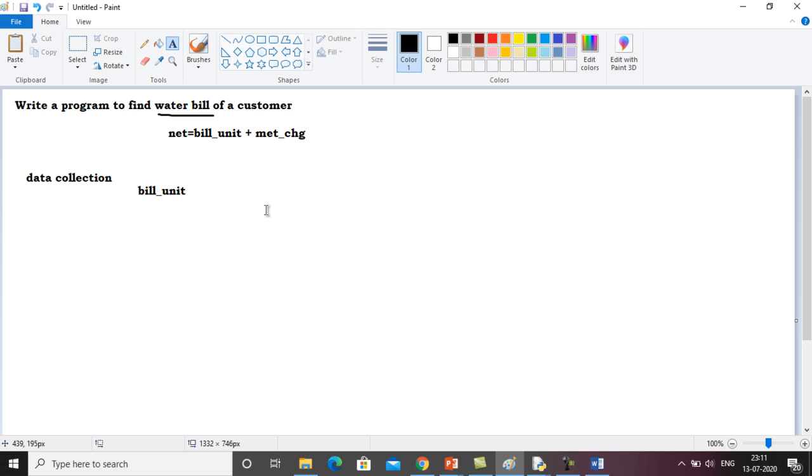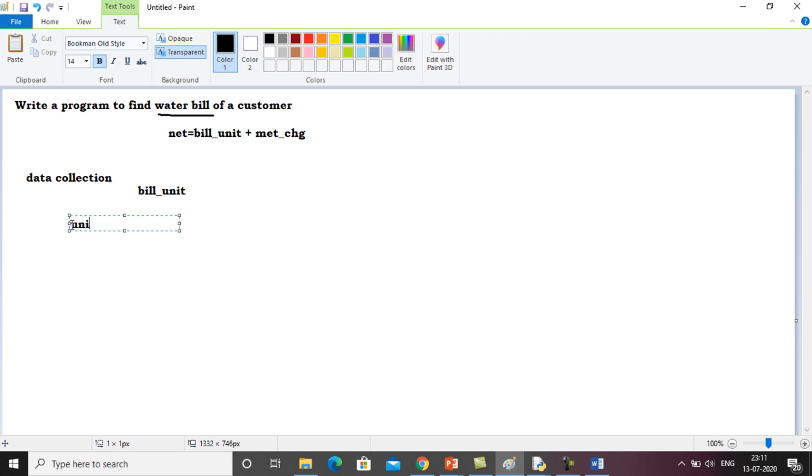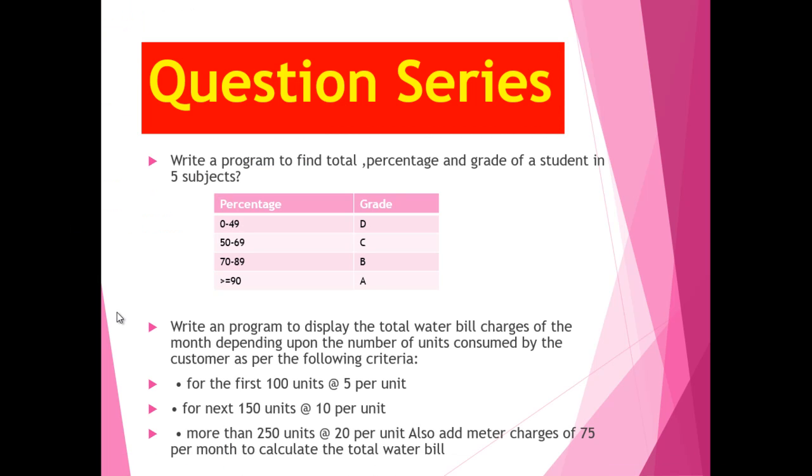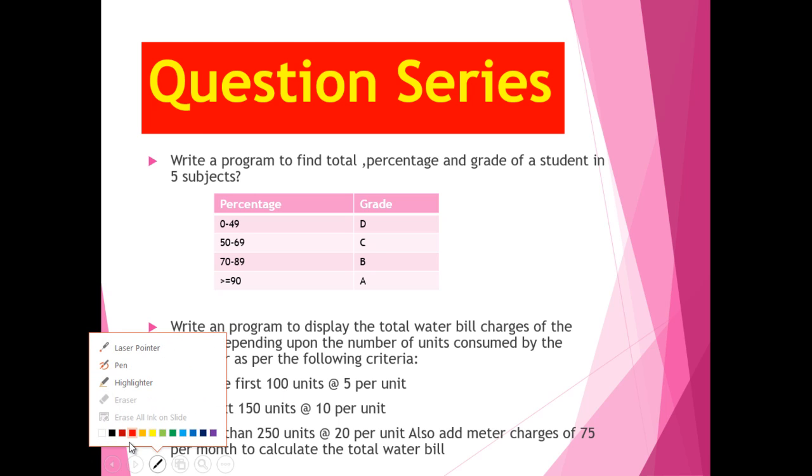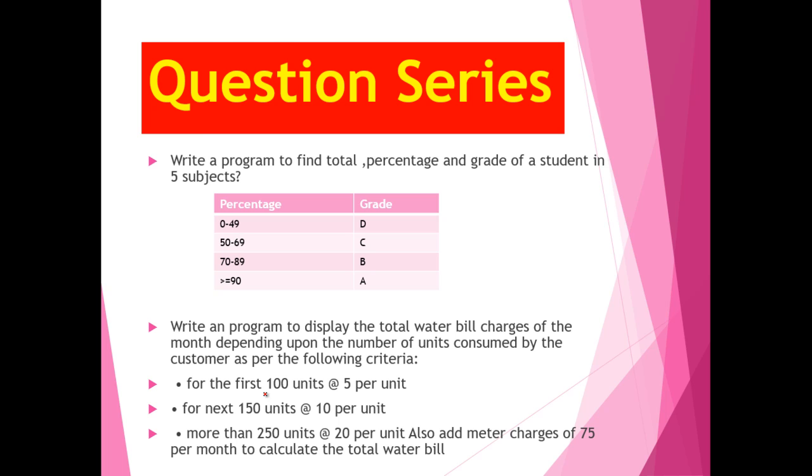It is given that if the units consumed by the user is less than or equal to 100, then, as the question says, for the first 100 units the charge is 5 rupees per unit.